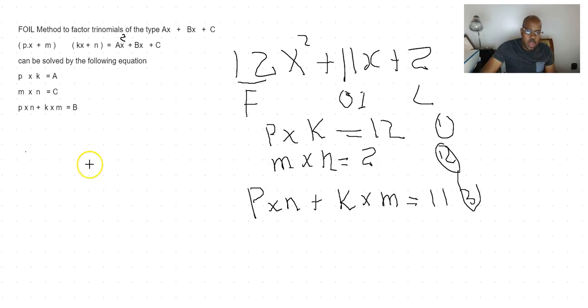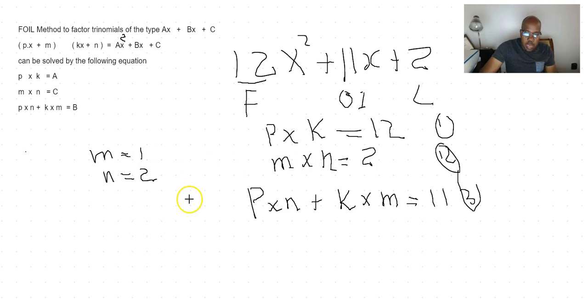So in this situation, I'm just going to guess: put m equal 1 and n equal 2, because that's the only multiplication that's going to give me 2. After that I'm going to solve the other one. If you can find the easiest one, you choose that.